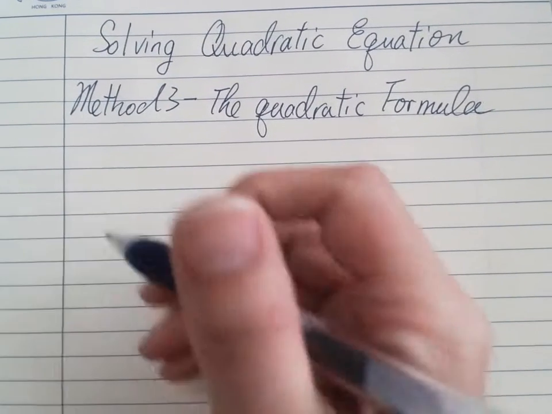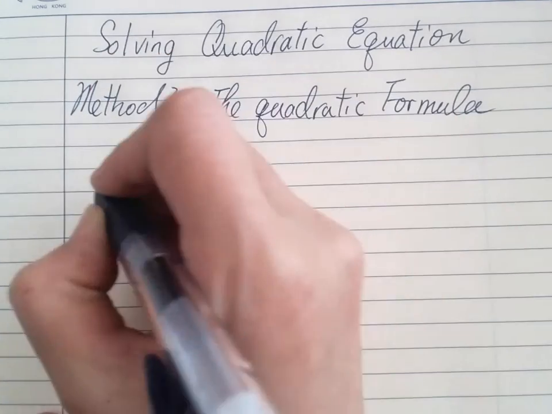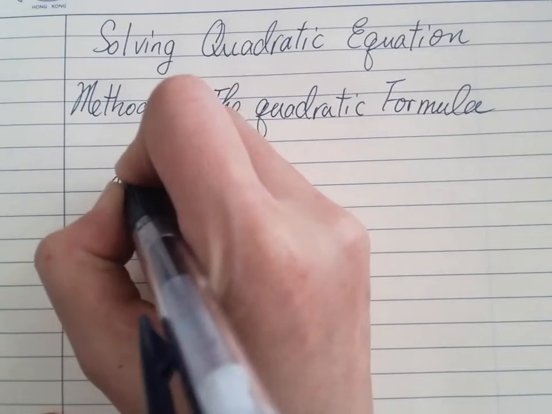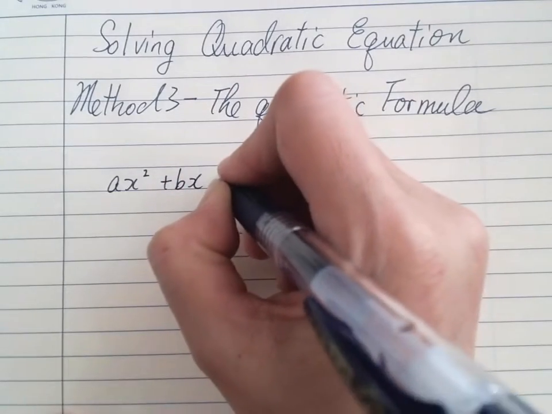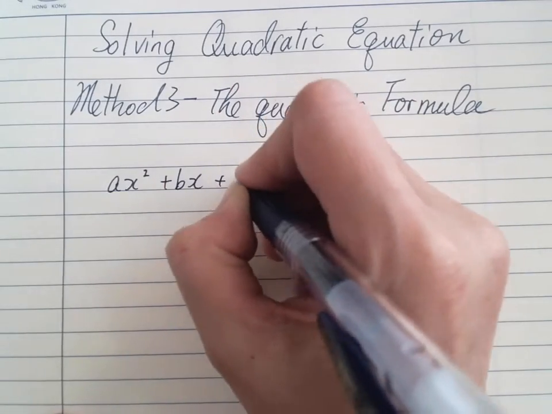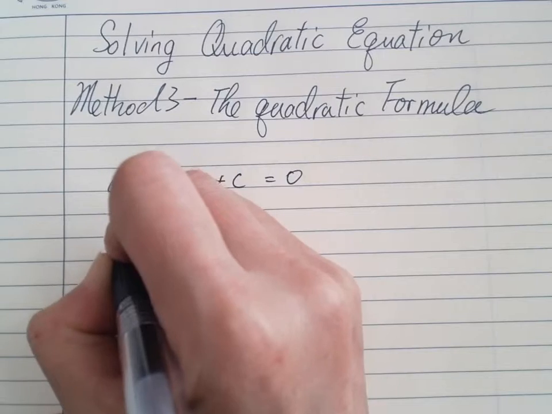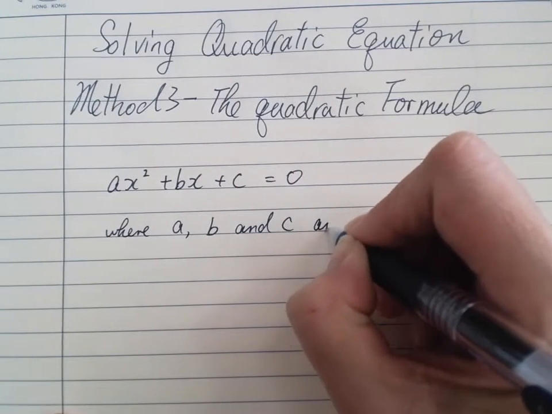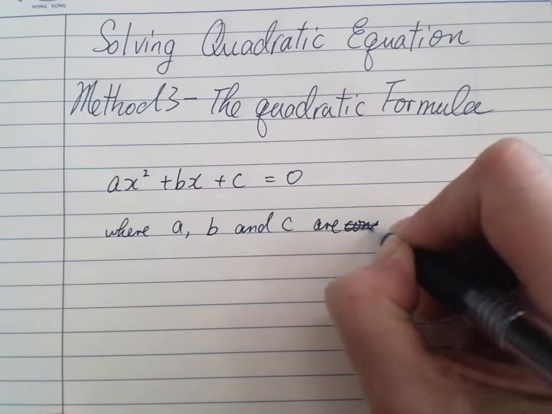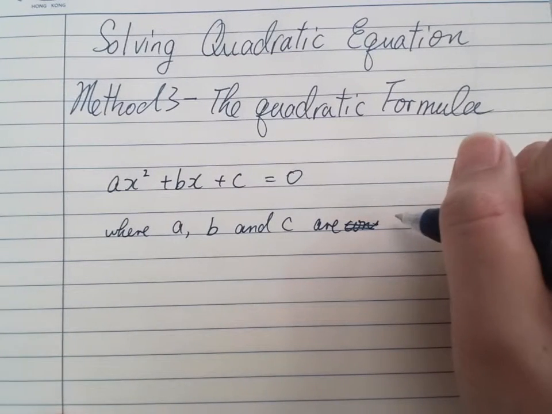So the format of it is like when a quadratic equation is given in a format like this: ax squared plus bx plus c equals to 0, where a, b, and c are constants, are numbers, integers or anything.